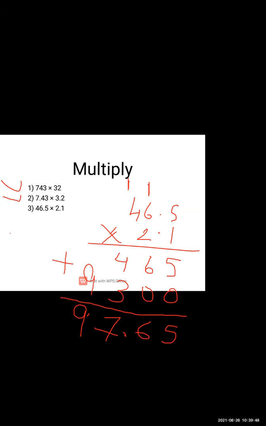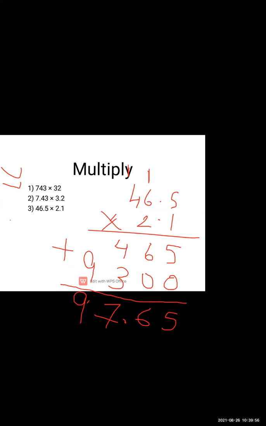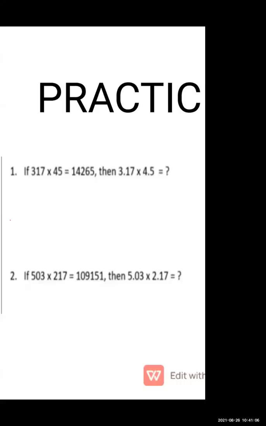So the doubt is clear to you, how to multiply with the decimal point. Now here, what is that? If 317 is multiplied by 45, the answer will be what? 14,265.